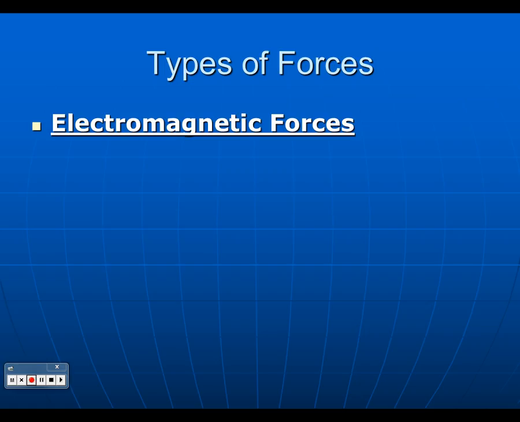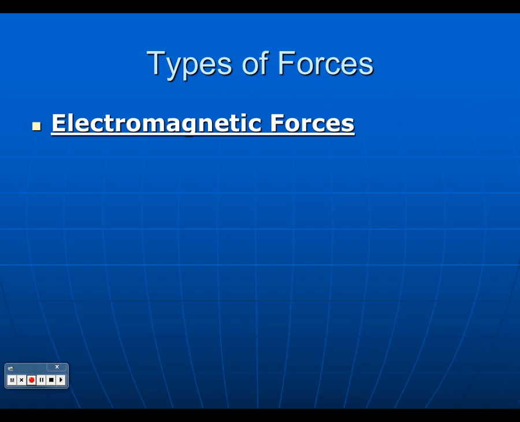What we find out is that of all the different things that happen out there in the universe, and while there are contact forces and field forces and stuff like that, when we boil it down, there are really a limited number of forces that get applied in different situations. So the first type of force is an electromagnetic force.